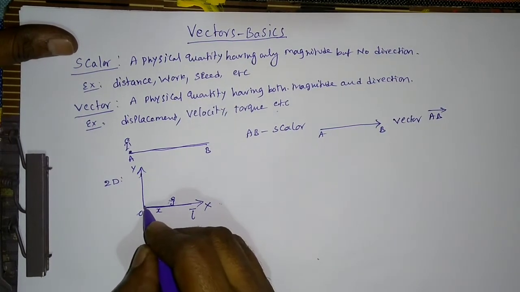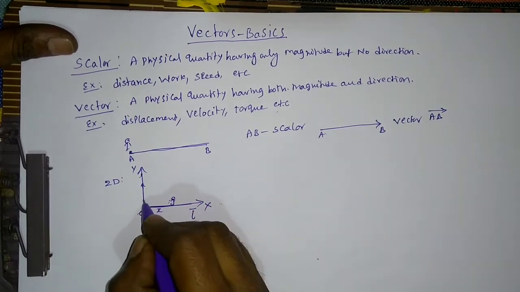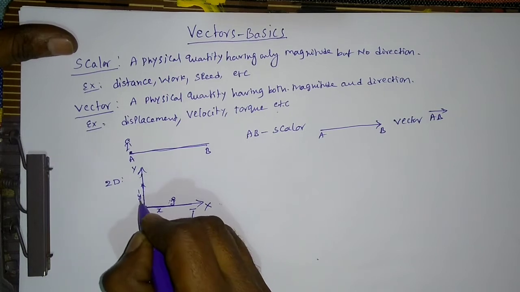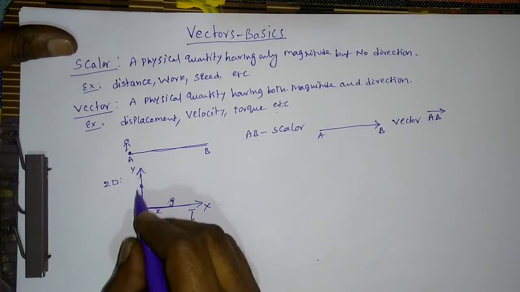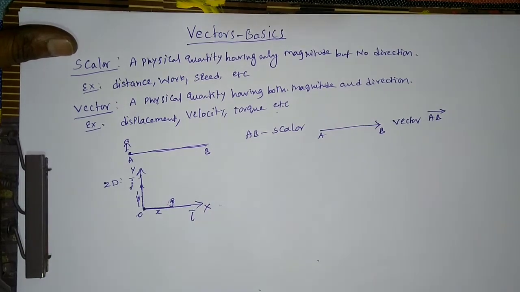Say the person is moving on the y-axis, from here to here. It travels a vertical distance, small y. This can be represented with the unit vector direction j bar.